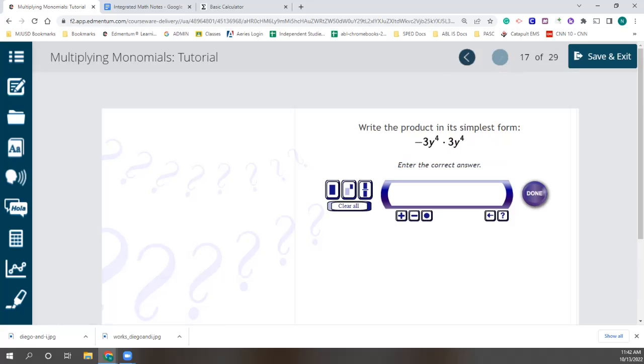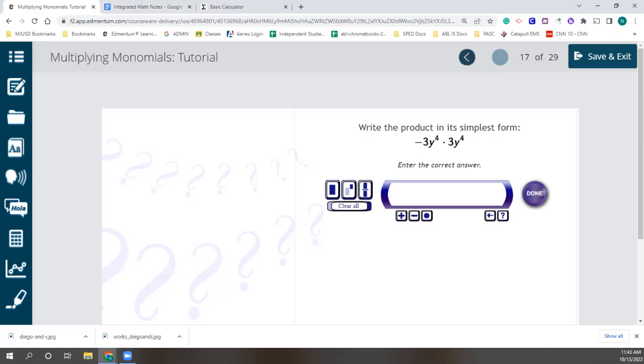Write the product in its simplest form: -3y^4 multiplied by 3y^4. So again, write it down on my scratch paper. -3y^4 multiplied by 3y^4. First we write out the multiplication of the coefficients, so -3 multiplied by 3.